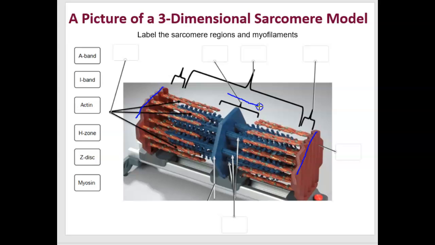It shows the middle H zone, and then it shows the dark region, which has both actin and myosin, which we call the A band. And then over here we have a light band with only actin, and then this is the Z, right? And the actin and myosin are also labeled, which I can let you do. You can see these little boxes here.